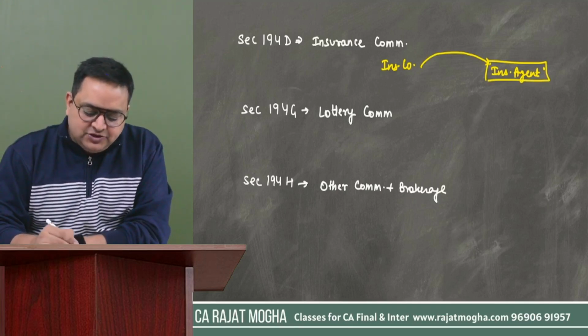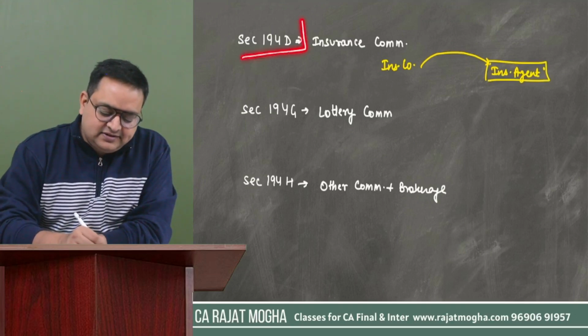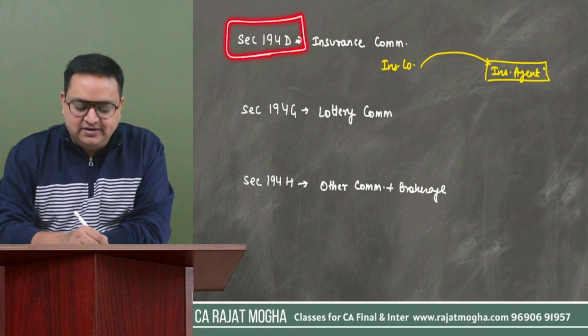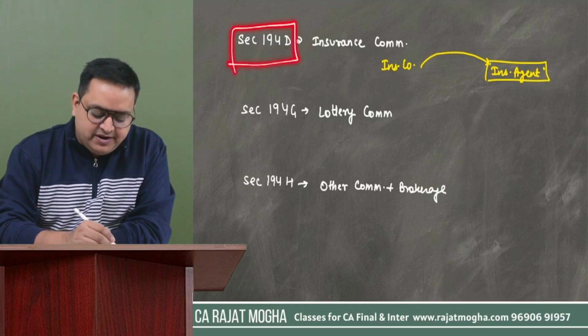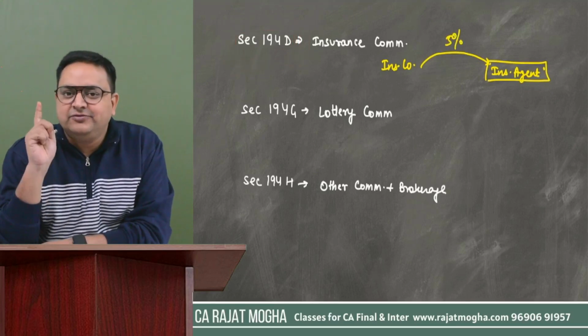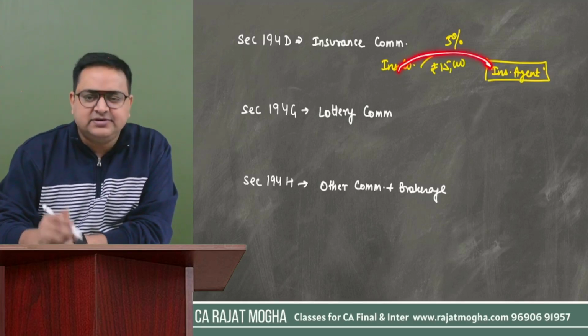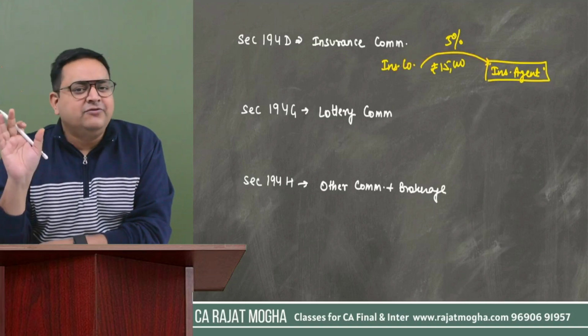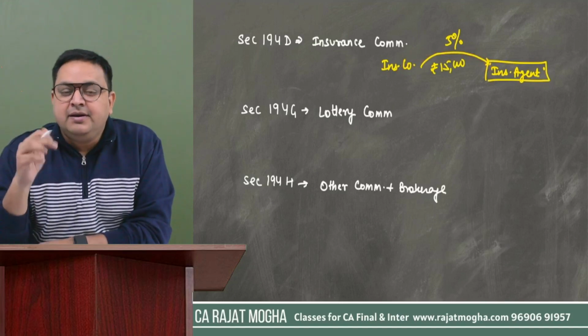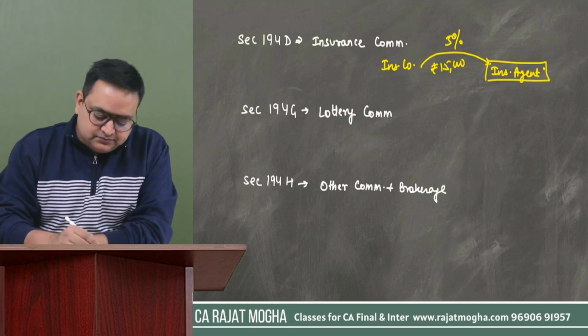So whenever the insurance company pays insurance commission to insurance agents, TDS under section 194D will be deducted at a rate of 5%. Please remember the rate of TDS is 5% and the threshold limit is 15,000. So if the insurance commission during the year is not more than 15,000, TDS will not be deducted. But if the amount is more than 15,000, then TDS will be deducted.